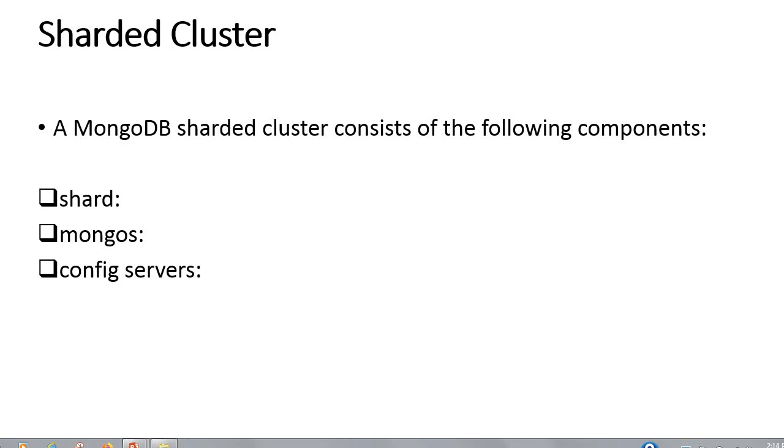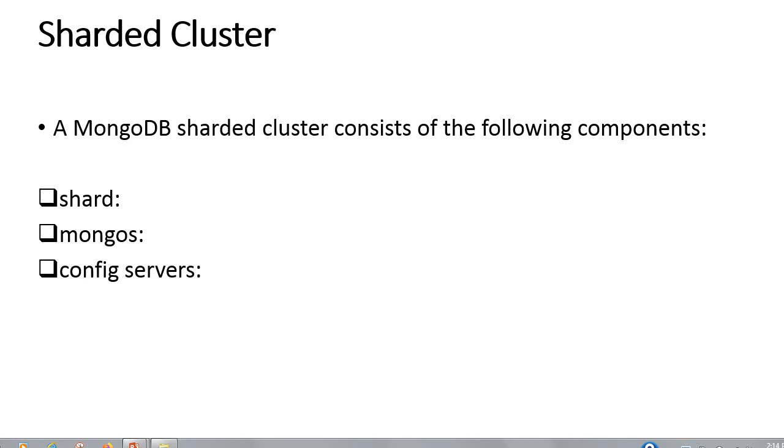A MongoDB sharded cluster consists of the following components. It basically has three main components: shard, MongoS, and config servers. Each shard contains a subset of the sharded data. Each shard can be deployed as a replica set. Next is MongoS.